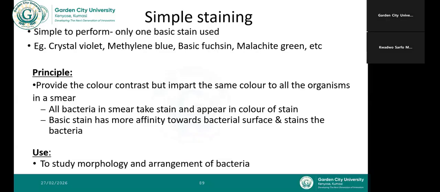All right, so once you apply only crystal violet, that becomes a simple stain because you are using only one stain. If you apply only methylene blue, only basic fuchsin, only malachite green, it becomes simple staining. So it gives color to all the bacterial cells, then you are not able to differentiate because it's the same color that is applied to all.